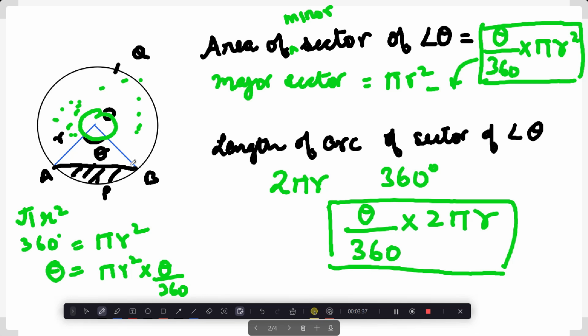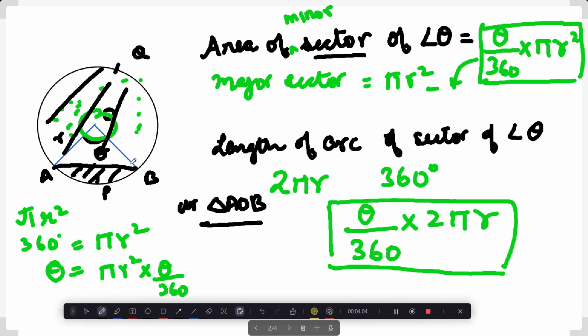If we know the area of this triangle, then the area of this minor segment would be area of the sector minus area of triangle AOB. So that's the area of the segment. And again, the major segment, which is this entire portion, would be pi r square minus the area of the minor segment.